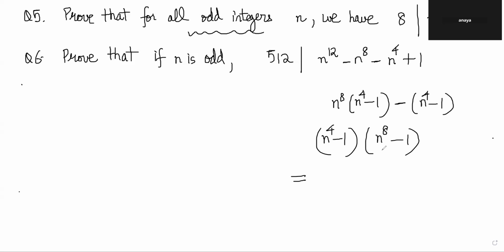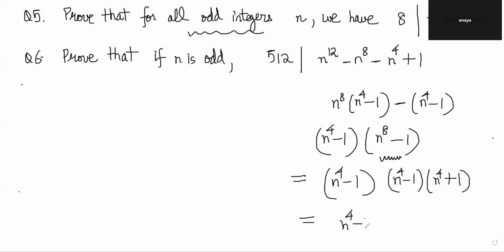This much should be obvious. What can we write about n power 8 minus 1? You could say it's n power 4 minus 1 times n power 4 plus 1. So what can we say about n power 4 minus 1?